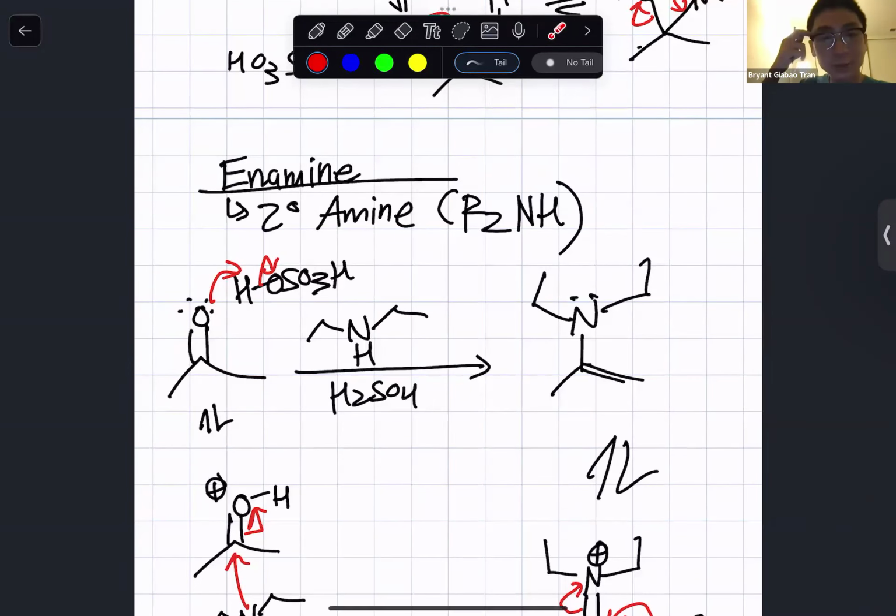Yeah, it's just H2SO4 and H2O. The water oxygen becomes the oxygen of the carbonyl. The H2SO4 or H3O+ is just an acid catalyst that gets used up and then remade at the end. Okay, I just wanted to make sure you could revert it back to a carbonyl. Yeah, you can.